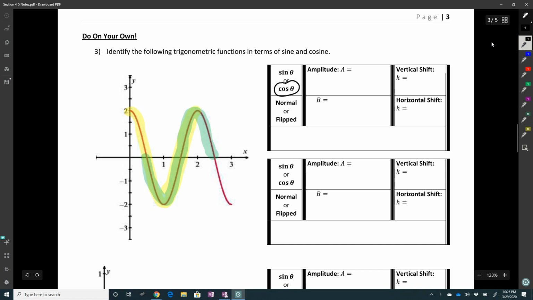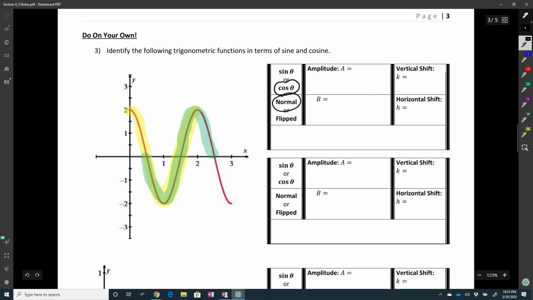Notice that starting from the beginning up to 2 is a regular cosine, so normal cosine. It's not going up or down. The x-axis goes right through the middle. So we can see that the amplitude is just from the x-axis to the peak or the x-axis to the valley, which is just 2.